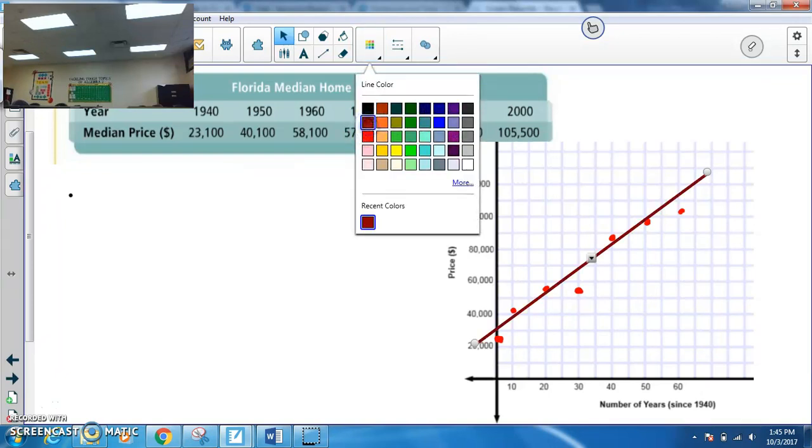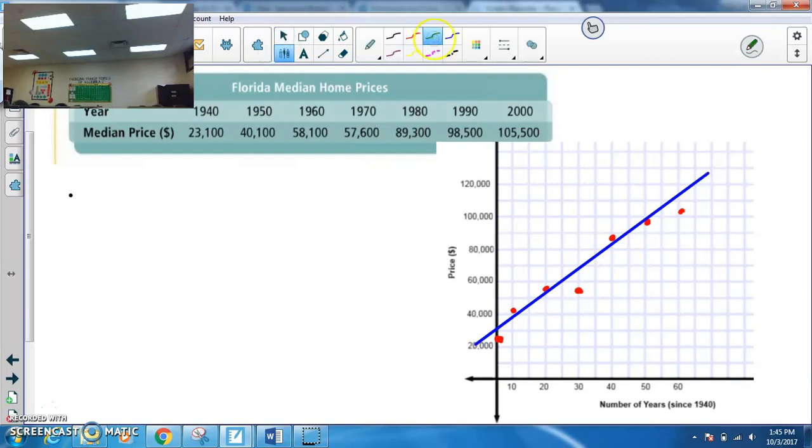Now we're going to pick 2 points on our line. On this line, I'm going to pick 10, 40,000, and 55, 110,000. So those are my 2 coordinates.